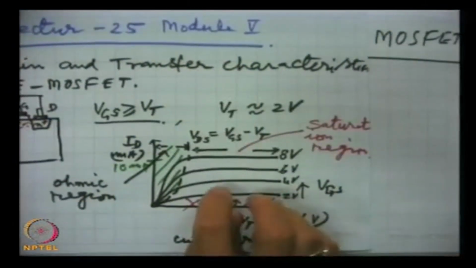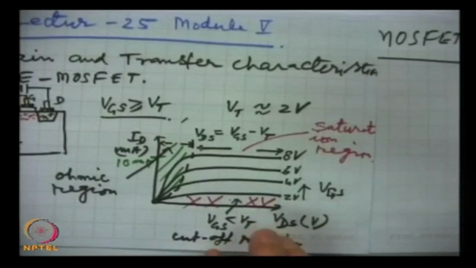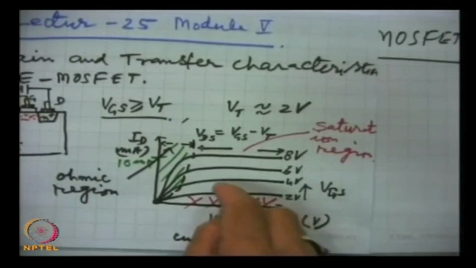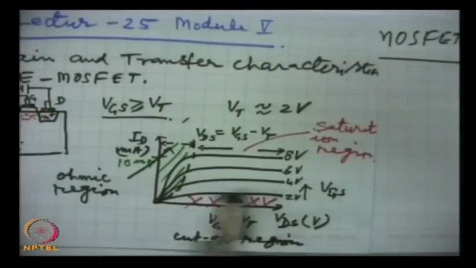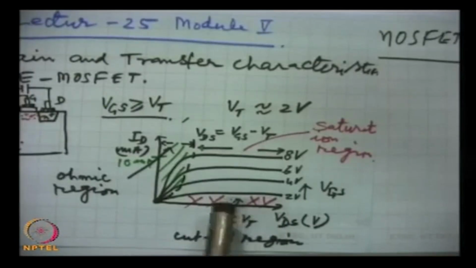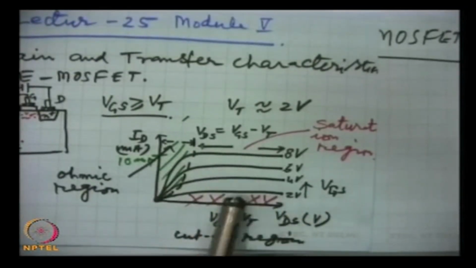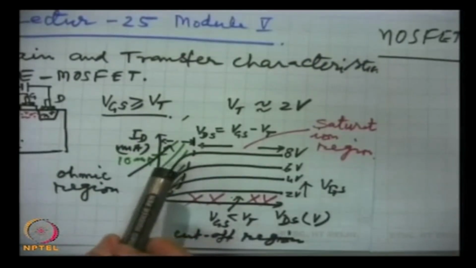Why do we require to bias the device? I am sure by now you understand that. It has been said that when we want to operate the device for amplifying purposes, then the device has to be operated in the saturation region. When the device is to be operated as a switch, on and off, then it has to go in the cutoff region. So, the regions may be cutoff and saturation, or cutoff and ohmic region.